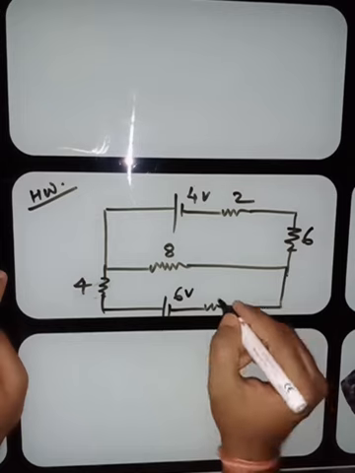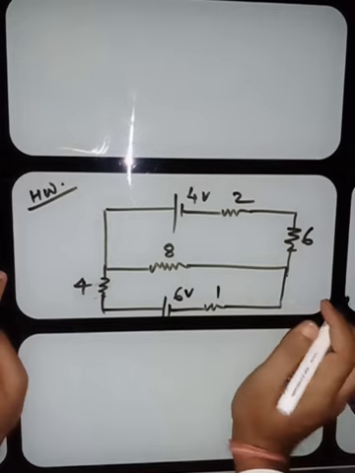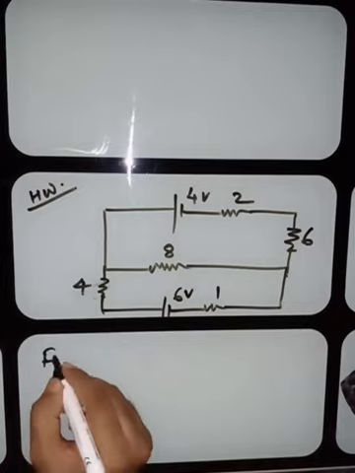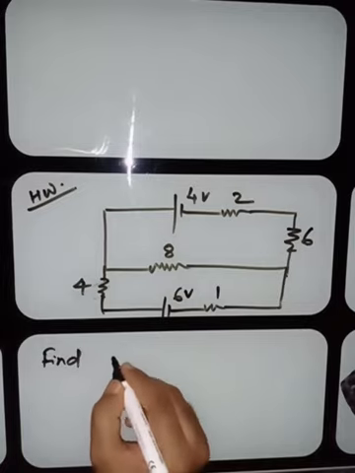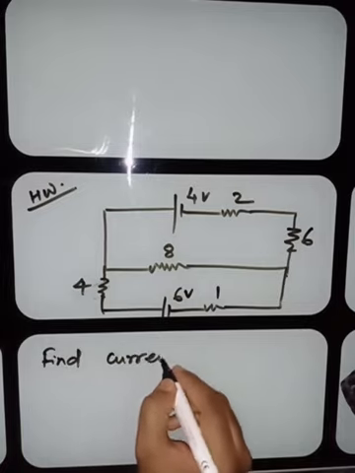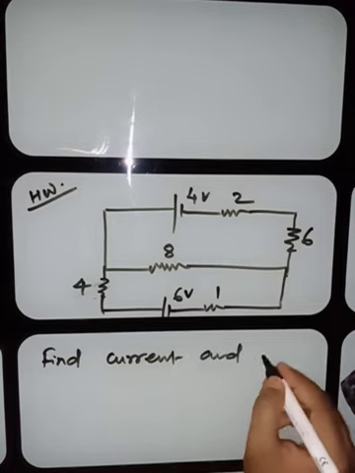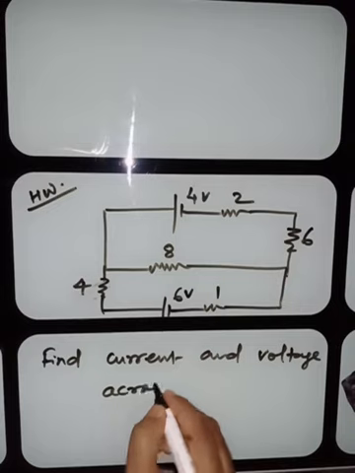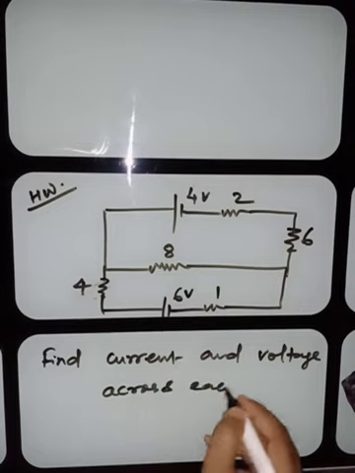And this is 1 ohm. You have to find the current and voltage across each resistor.